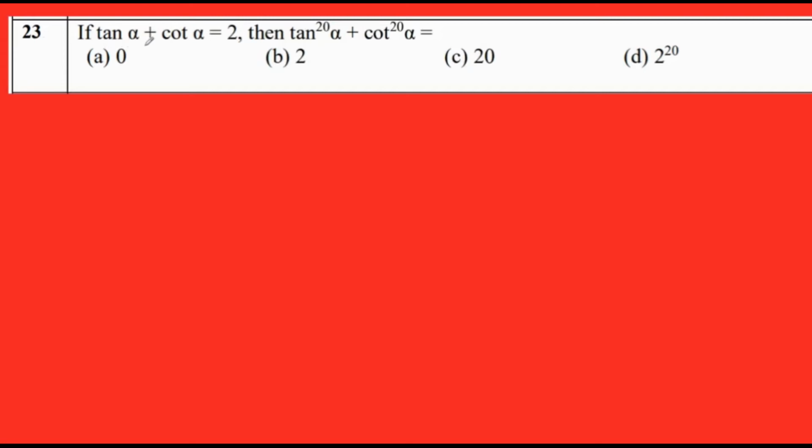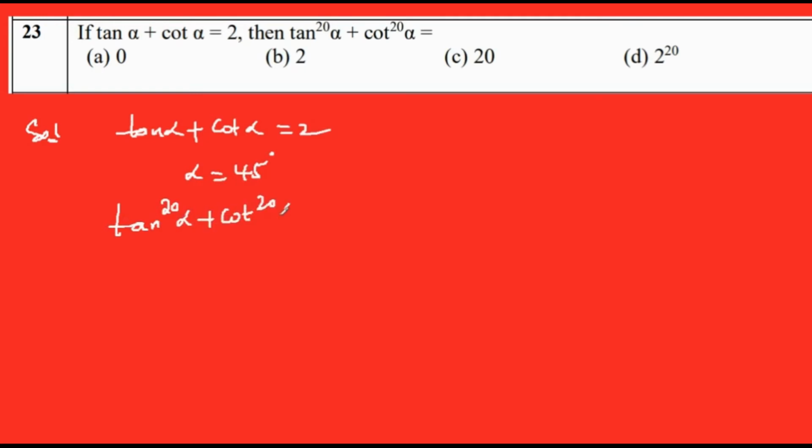23rd question. If tan alpha plus cot alpha is equal to 2, then find the value of tan to the power of 20 alpha plus cot to the power of 20 alpha. If tan alpha plus cot alpha is equal to 2, then alpha value will become 45 degrees. Now we have to find the value of tan to the power of 20 alpha plus cot to the power of 20 alpha.